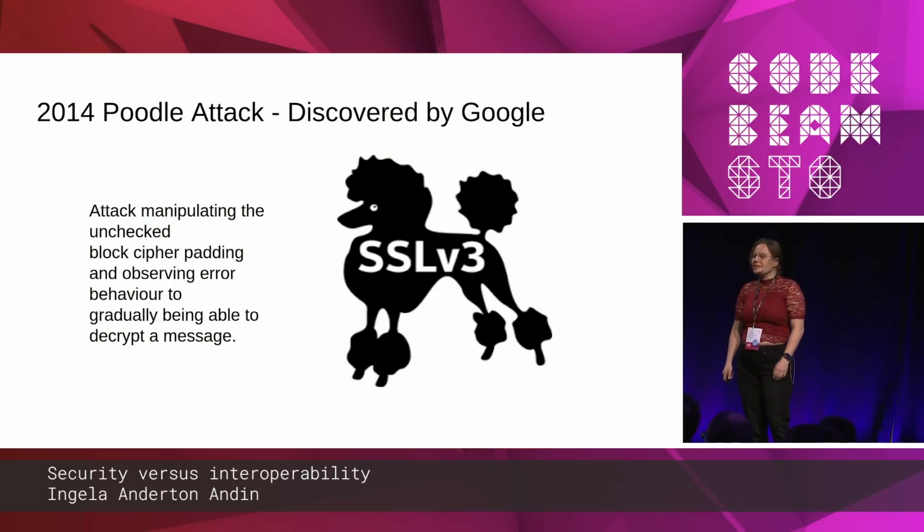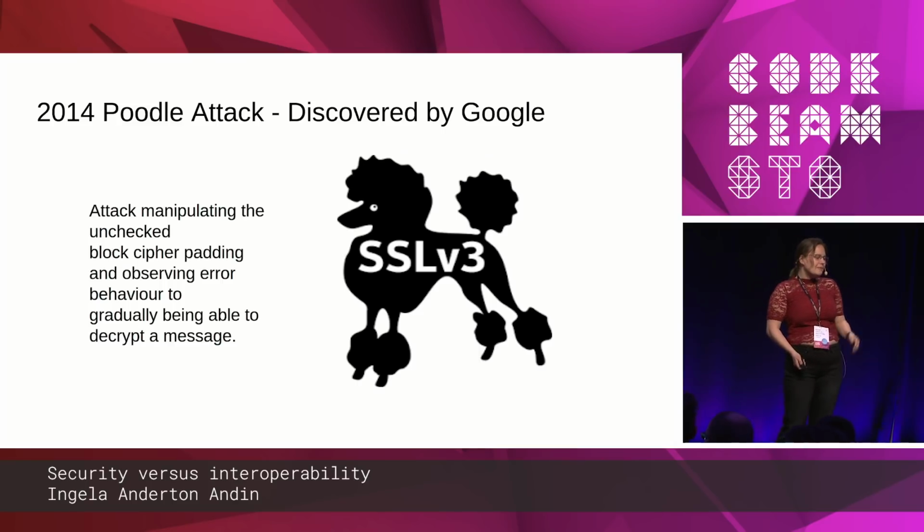And ironically enough, in 2014, the Poodle attack was discovered by Google. This is an attack that uses the block cipher padding to manipulate padding and observe the errors. And finally, they were able to decrypt messages.